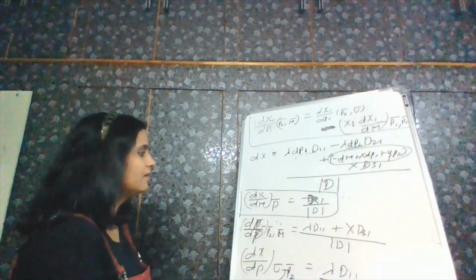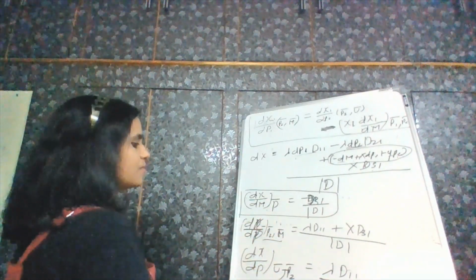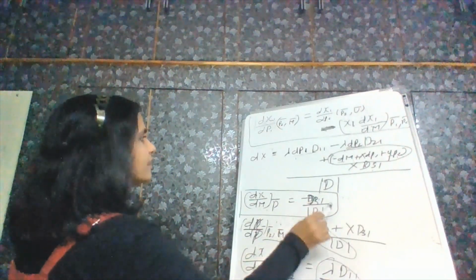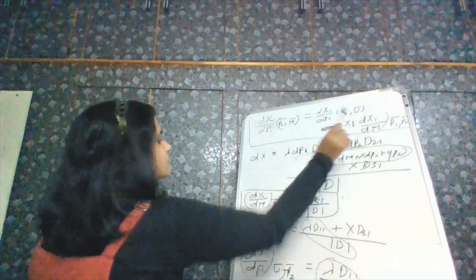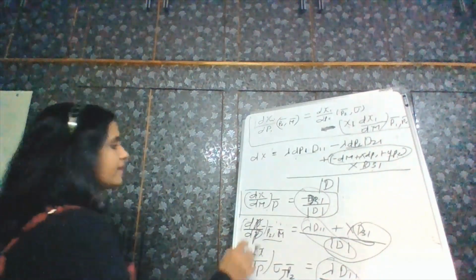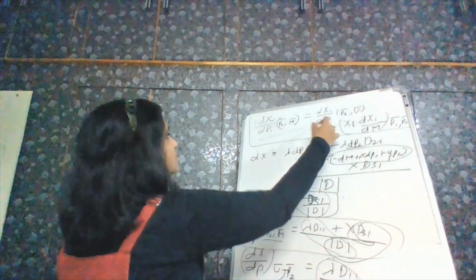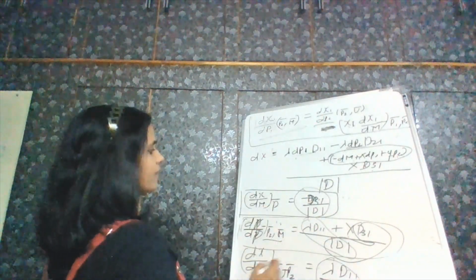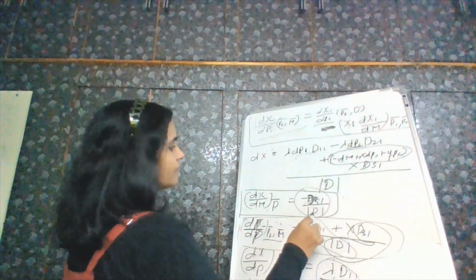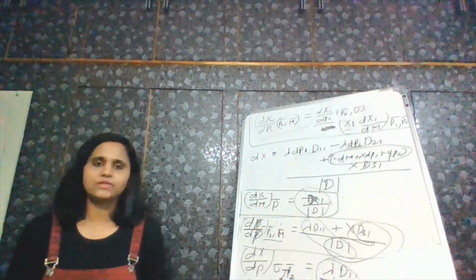So what you will see, dx by dp1 is equal to the summation of this, which is this, and the summation of this into x1, which is this. So ultimately your dx by dp1, the second equation, becomes dx by dp1, which is this equation, plus minus d31, and you multiply this by x, so this becomes this. So that is your proof of the Slutsky theorem.